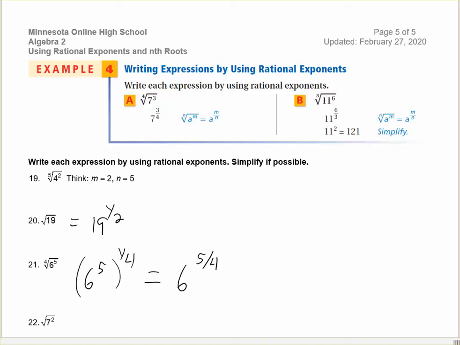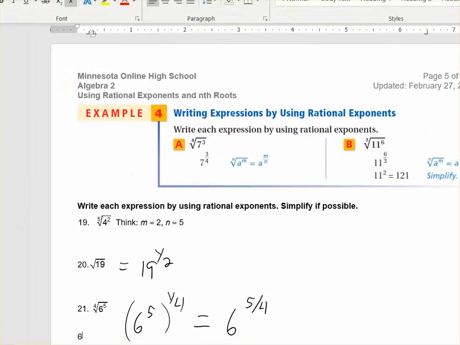If you're typing, this worksheet is hard to do because you'll have to use the formatting that is available in Word to write these exponents and roots. So in 21, I can write that as 6 to the power of, and I can use the x squared button in my formatting tools. I'll show you that.